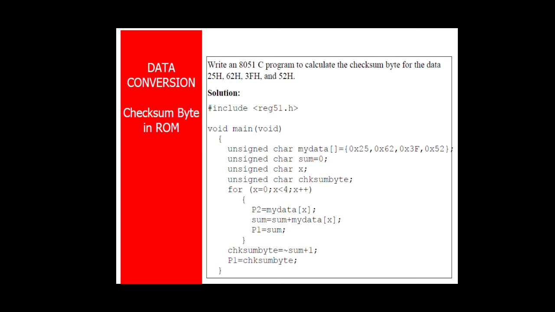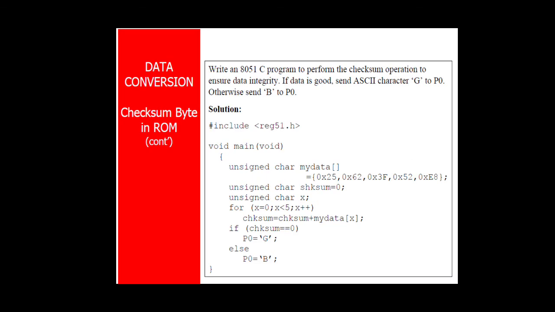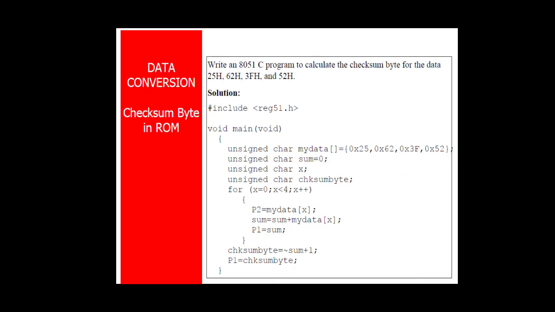Then checksumbyte equals negation of sum plus 1. So whatever sum value we have got, its negation plus 1 will give us the checksum byte, and P1 is equal to checksumbyte. The checksum byte value is stored in P1. Negation of sum means we are actually performing the 2's complement here, and then that value is stored as the checksum byte value.